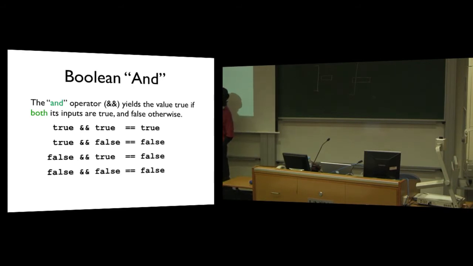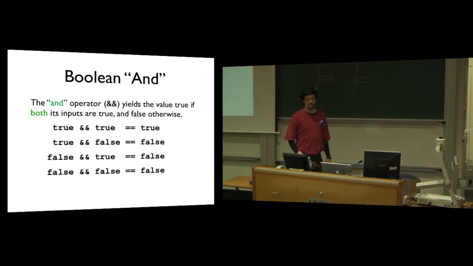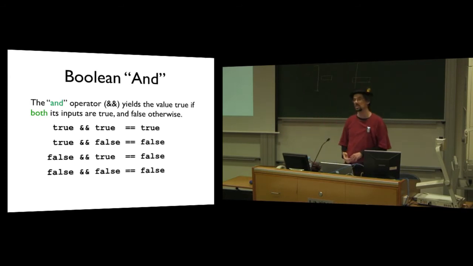If either one of them is false, then true and false, or false and true, or false and false, they all come out to be false. So this is a way of testing if two things are true at the same time. We can say if this and that, and the AND operator allows us to combine them. And of course we can go if A and B and C and D if we have a long list of things that we want to combine.